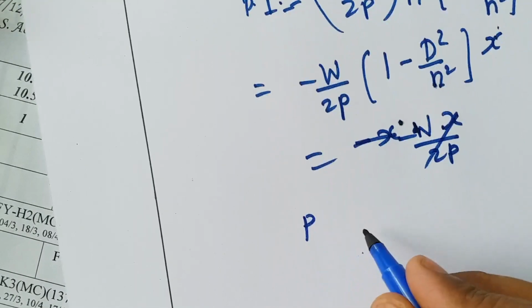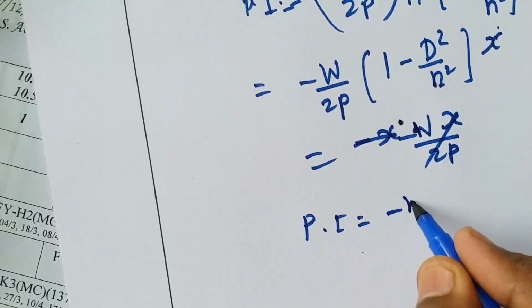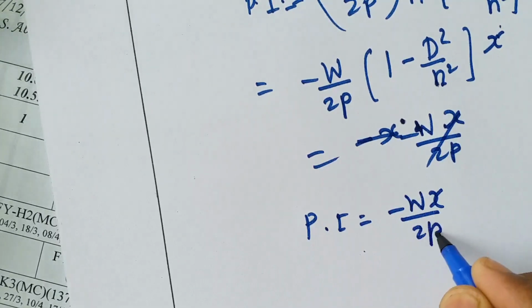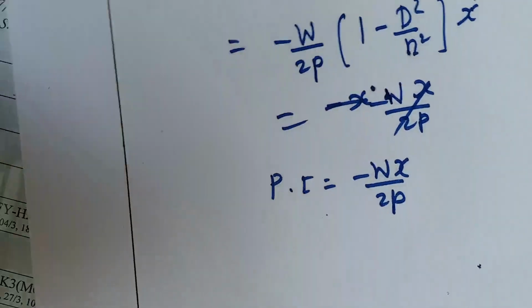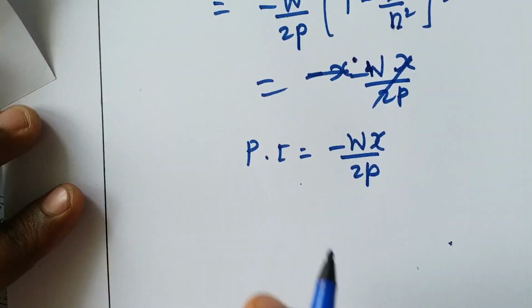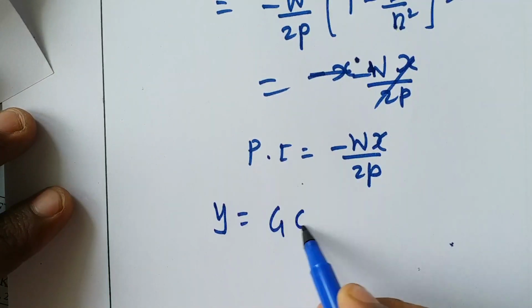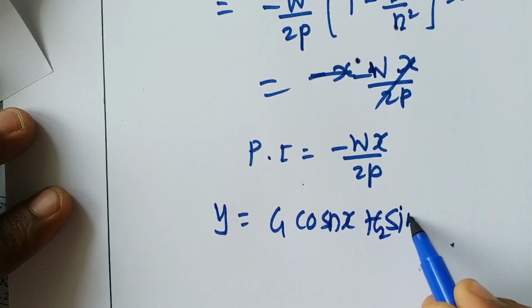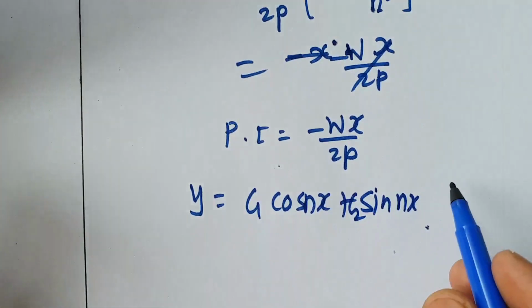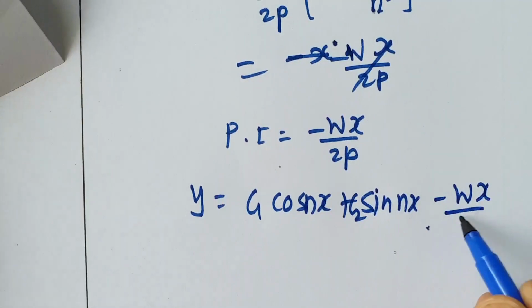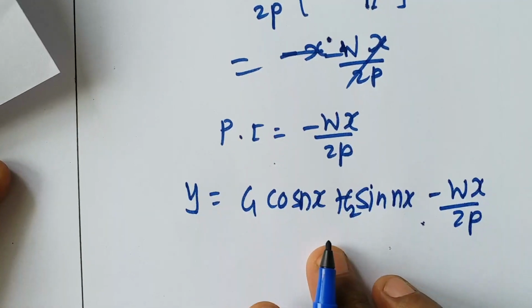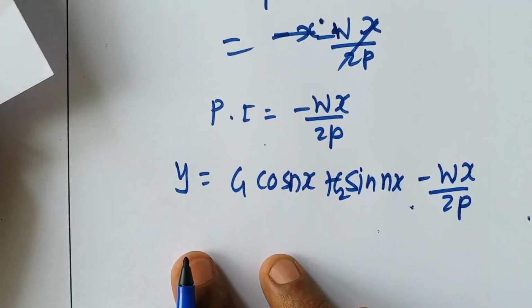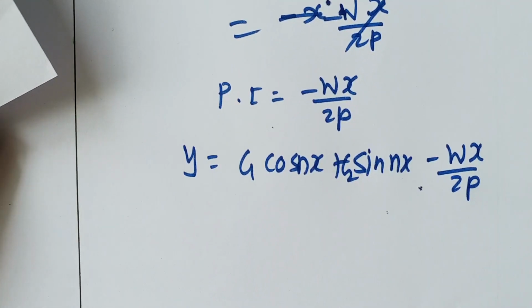I will write it again. The particular integral is minus Wx by 2P, and hence the general solution is y equals C1 cos nx plus C2 sin nx minus Wx by 2P. So this is the deflection, or you can say the elastic curve, of the given problem.